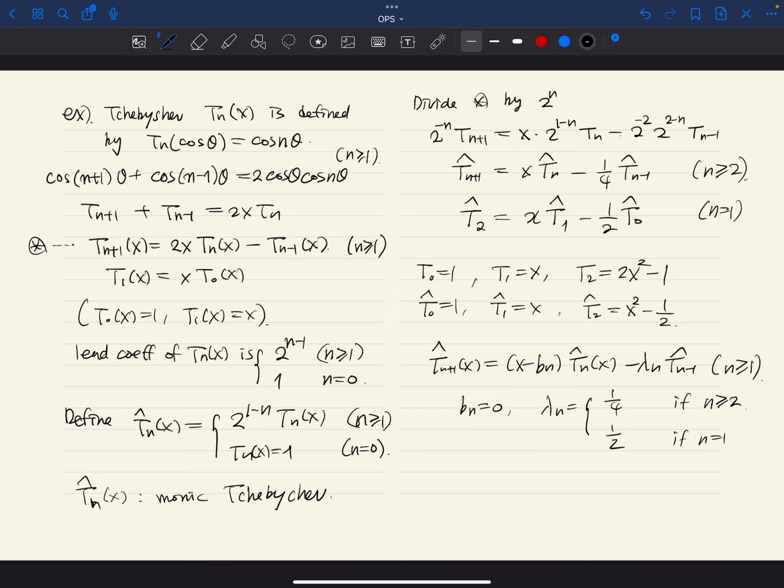If Bn equals 0, then the monic orthogonal polynomials P2n(x) is an even polynomial, and odd polynomial. Maybe let me just write a function that's more common, I think.